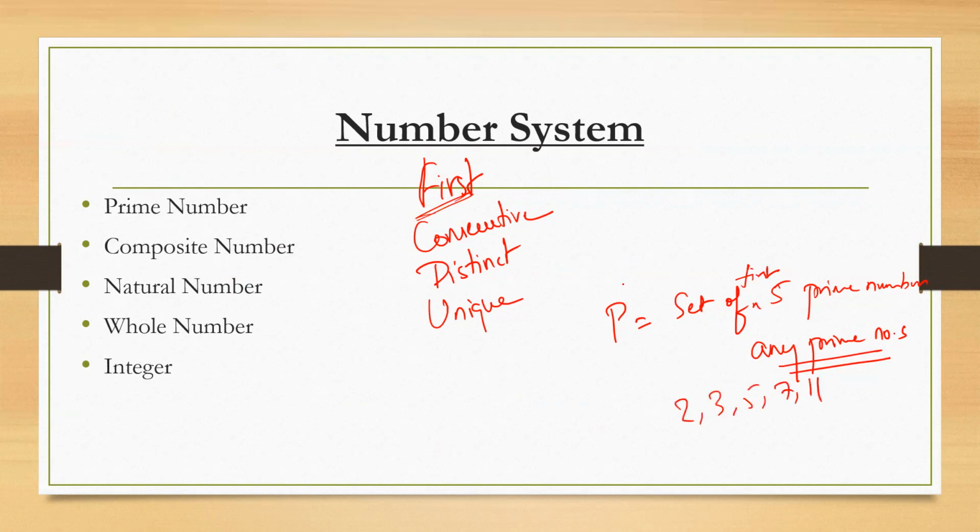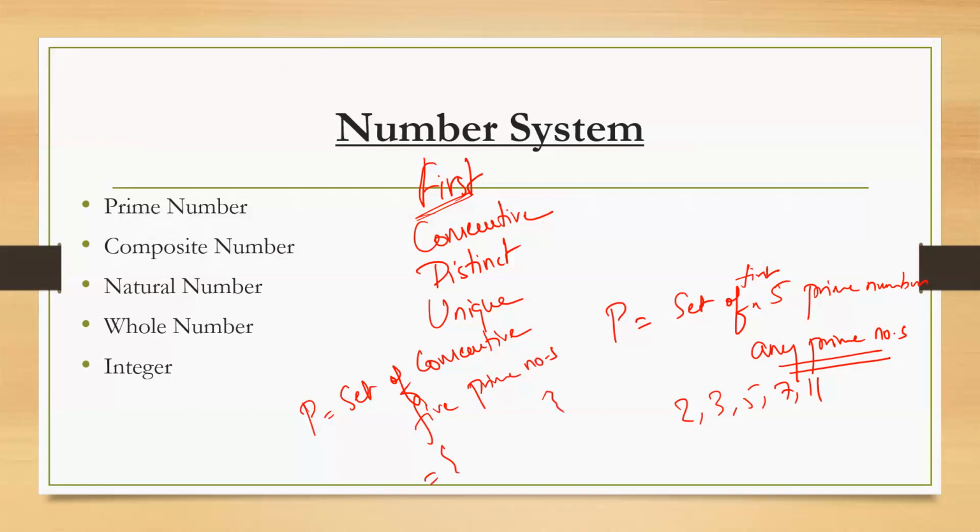Okay. Now, what if I say P is set of consecutive 5 prime numbers? What will be the set here? Set of consecutive 5 prime numbers. Okay, what about others?